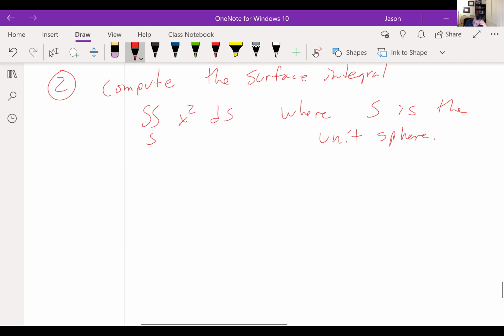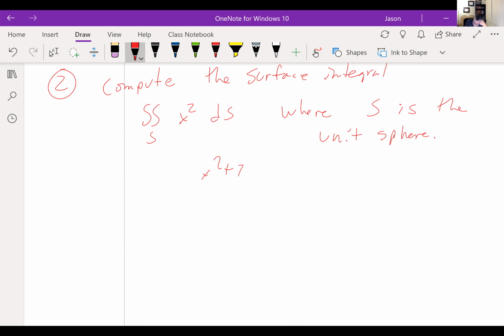Okay, unit sphere. What's the unit sphere? x squared plus y squared plus z squared equals 1. That's great.